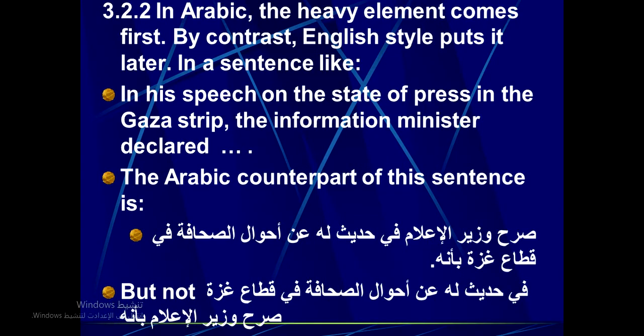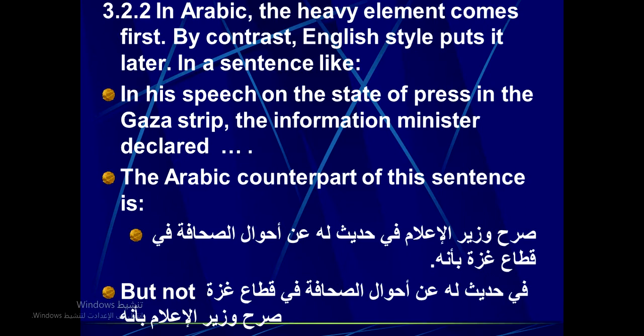Another point, in Arabic the heavy elements come first. By contrast, English style puts them later. So in a sentence like, let's read this example. In his speech on the state of affairs in the Gaza Strip, the information minister declared. Let's see the Arabic translation. صرح وزير الإعلام في حديث له عن أحوال الصحافة في قطاع غزة بأنه, but not في حديث له عن أحوال الصحافة في قطاع غزة صرح وزير الإعلام بأنه.